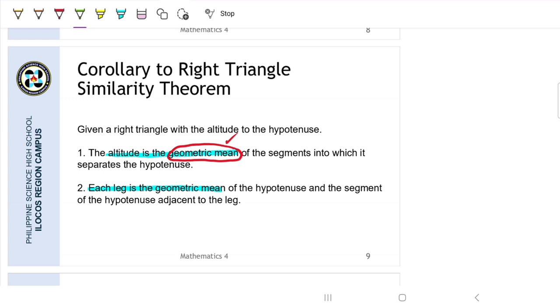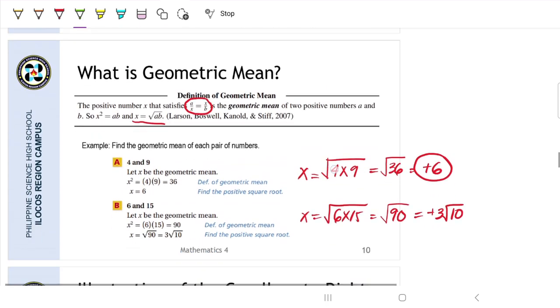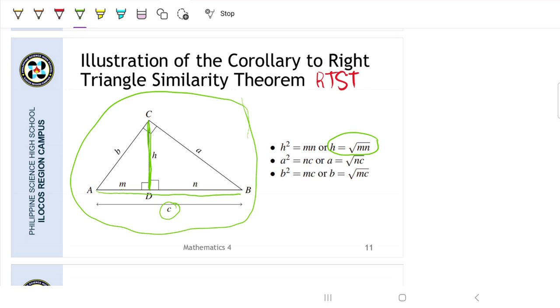Then for the second statement, let's reread it again. Each leg is the geometric mean of the hypotenuse and the segment of that hypotenuse adjacent to that leg. So looking at it, we have here B as one leg of the biggest triangle.